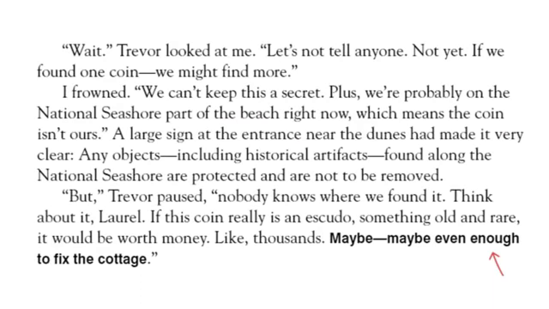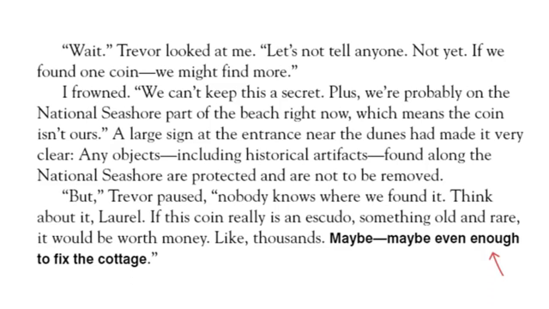Wait, Trevor looked at me. Let's not tell anyone. Not yet. If we found one coin, we might find more. I frowned. We can't keep this a secret. Plus, we're probably on the national seashore, part of the beach right now, which means the coin isn't ours. A large sign at the entrance near the dunes had made it very clear.